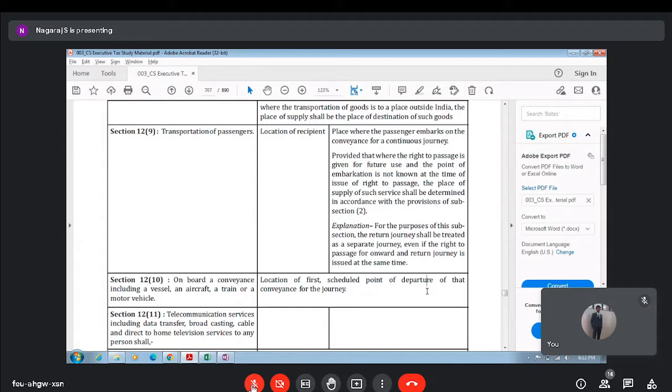Okay. See, you will take a flight from Bangalore to Dubai. It goes via Sri Lanka, Pakistan, and then reaches Dubai. When you are in Sri Lanka, you will be bored and you will ask for video games.